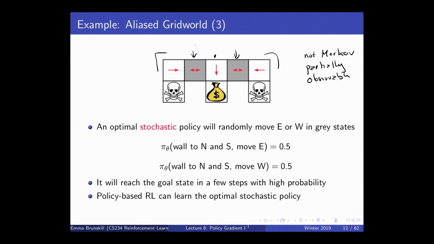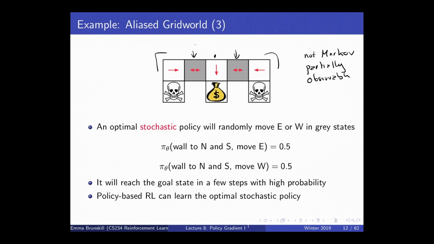And then you could track an estimate over where you are in the world. So you could keep track of a belief state over what state you're in, and then you could hopefully uniquely identify that, oh, if I was just in this state, I have to be in this state now. And then you could deterministically go to the right or left. So it depends on the modeling one's willing to do. Good question.